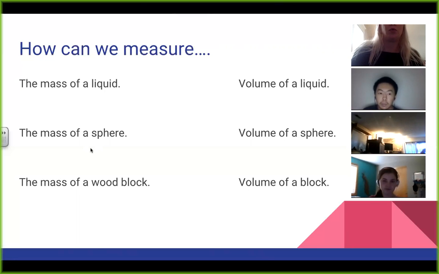So what about the mass of a sphere? We just have, for example, a tennis ball. How would we take the mass of that?